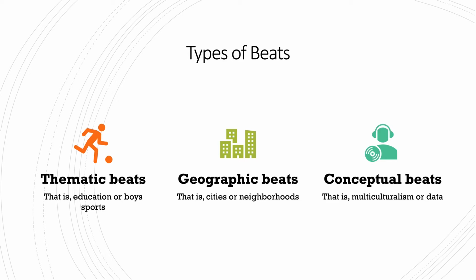So yeah, that's why it's called conceptual beats. Ideas, thoughts, issues on a more societal basis. That's the best way I can explain that. So you've got your different types of beats, and chances are you'll probably be doing one or another eventually if you get into journalism.